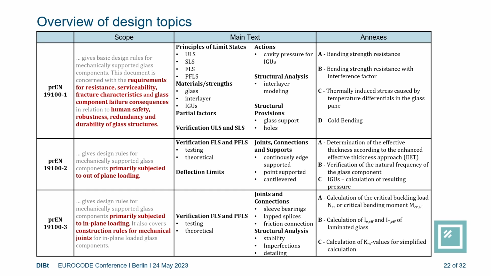In part 2, there are then additional things, and there we have the verification rules for FLS and PFLS, and we are also dealing with the connections and the supports. And in part 3, we are doing this in the same way, but only considering that these things are in-plane or axially loaded, and that brings us to very severe theory, second order or nonlinear effects, which we have to take into account as well.